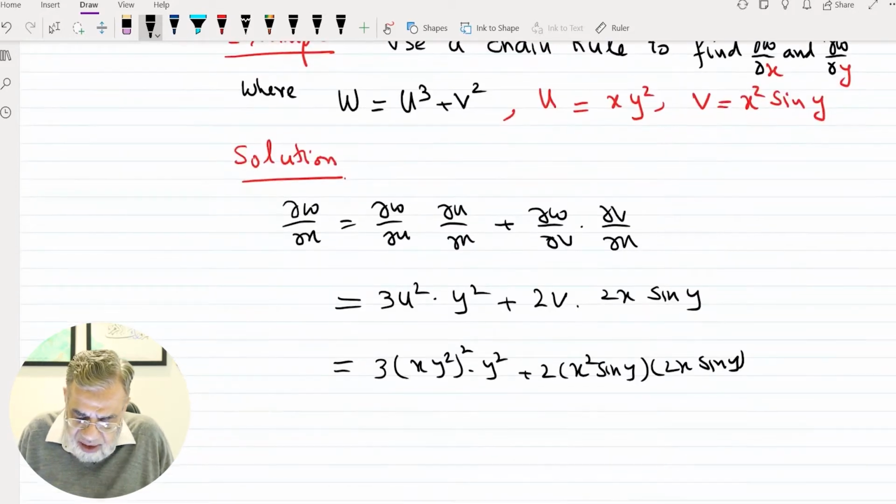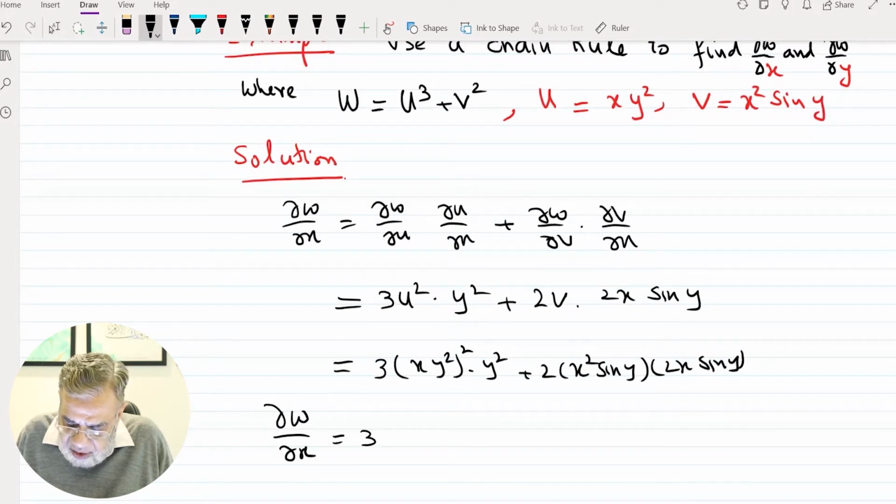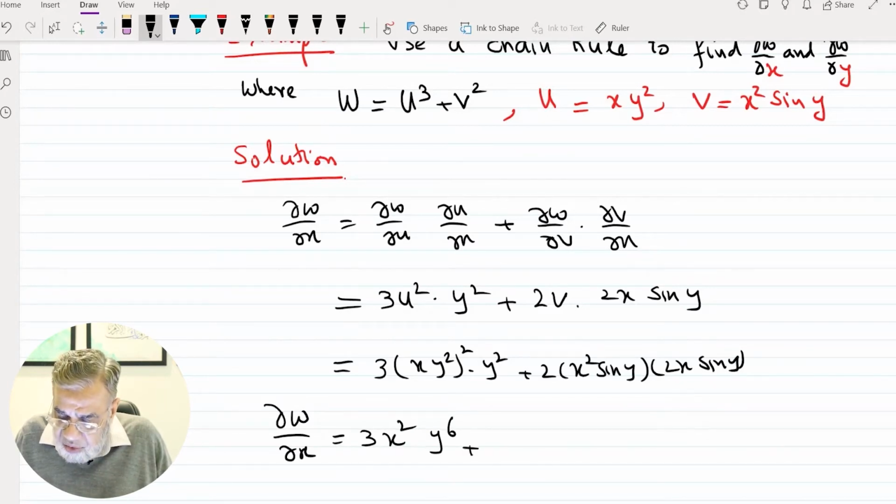So I simplify this one. I'll get here the value of partial w by partial x is equal to 3 into x square, y square whole square will become y to the power 4 into y, it will be y to the power 6, plus 2 into 2 is 4, x square into x is x cube, and sine y into sine y is sine square y. So this is my partial w by partial x.